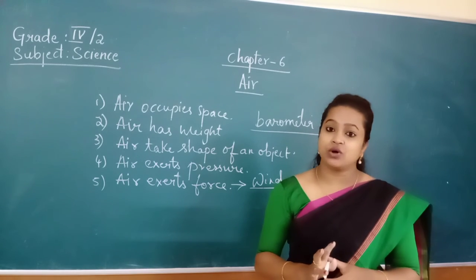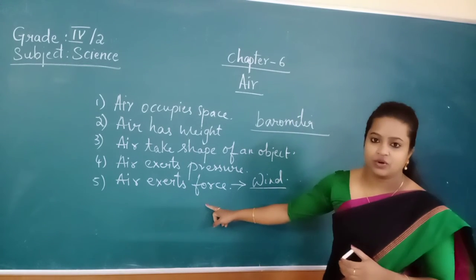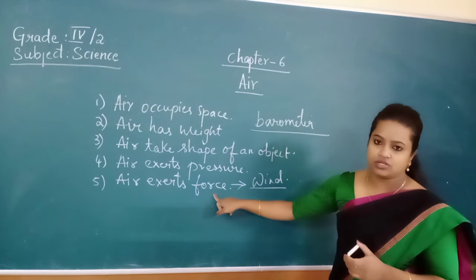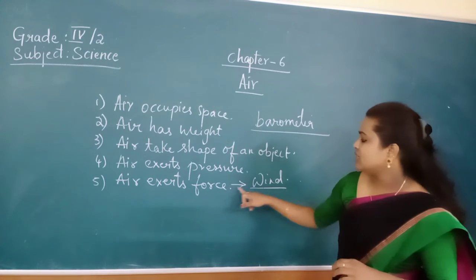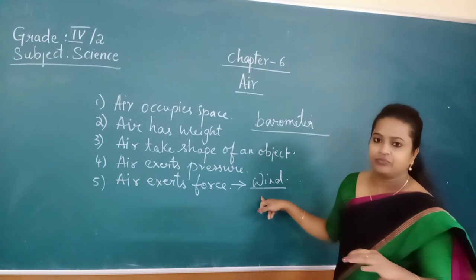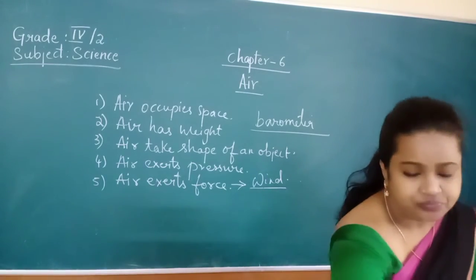Okay children, by this what can you say? The air exerts force. When it is at high speed, it gives more force. Then you can see the dry leaves flying away. What is helping them fly away? Wind, air. Okay, this is Do and Document 6 you can see here.